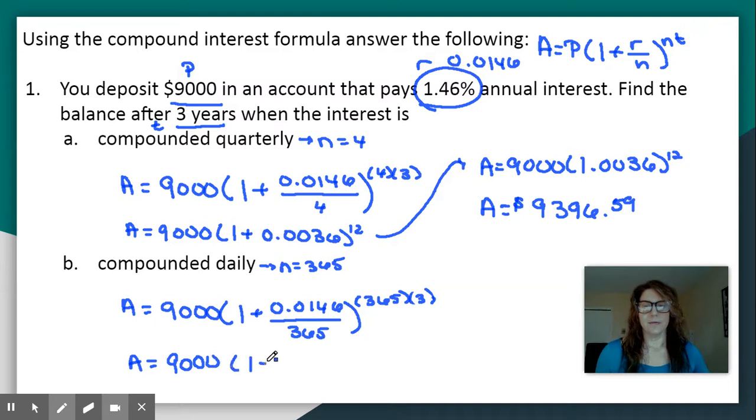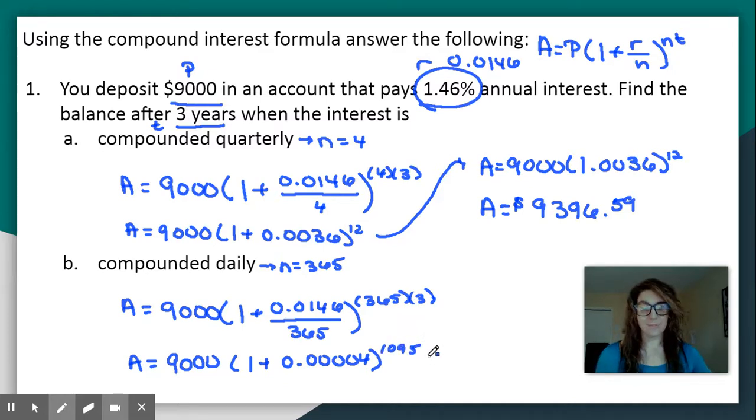So if I put in the fraction first, I get 0.00004. When you do the decimals from your fractions, at least 4 decimal places. This one, if I did 4, it would still be 0, so I bumped it back to 5. But I would say don't do anything less than 4 decimal places here. 365 times 3, that's also a big number. So that's 1095.